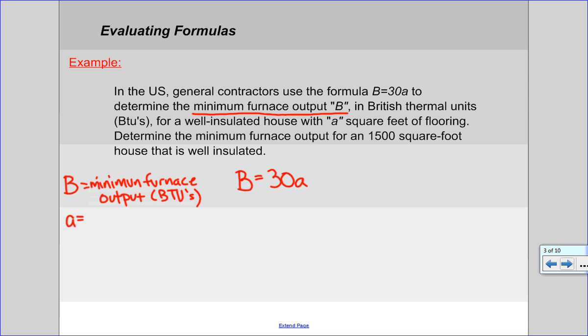A stands for the square feet of flooring. Now let's see if we can plug in the information. The last sentence says, determine the minimum furnace output for a 1,500 square foot house. Here we're given 1,500 square feet that we're to plug in, and since we're talking about square feet, that goes in for my letter A.